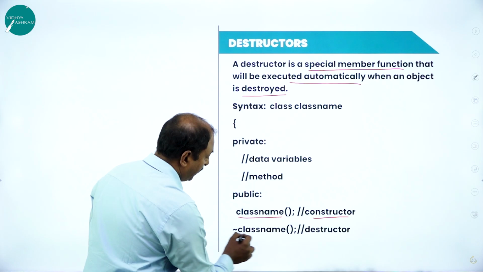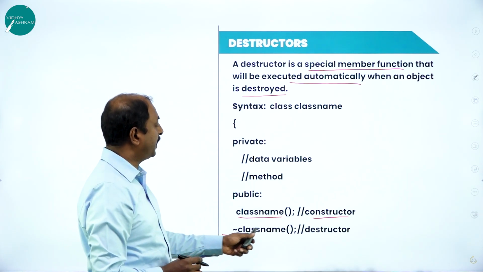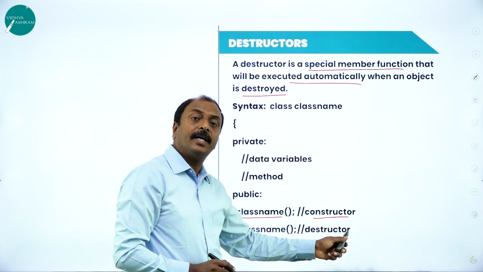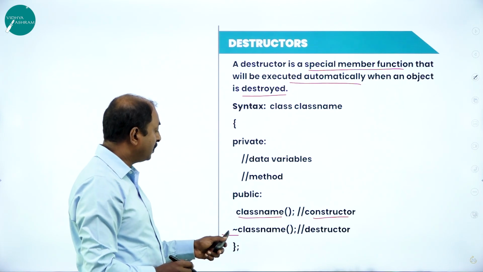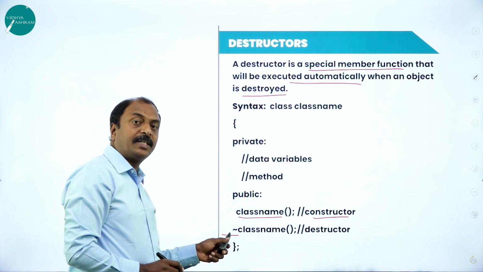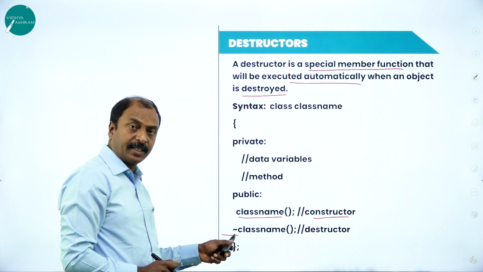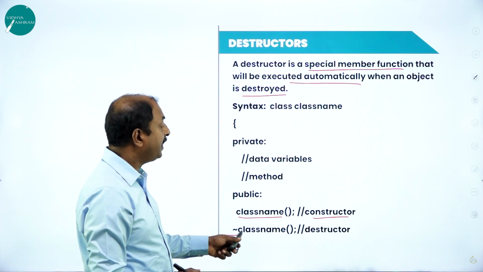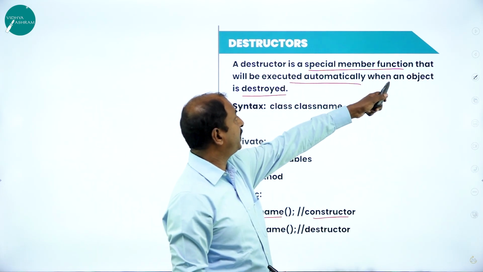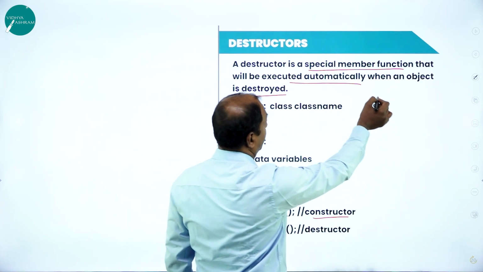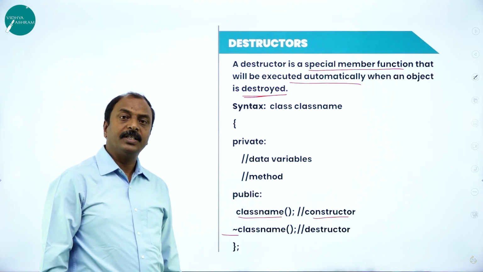And here, observe the symbol tilde with the class name. It refers to a destructor. A destructor starts with a special character called tilde. Once the compiler identifies this character, it considers it a destructor. So a destructor is a special member function that will be executed automatically when the object is destroyed. This is the definition of a destructor.